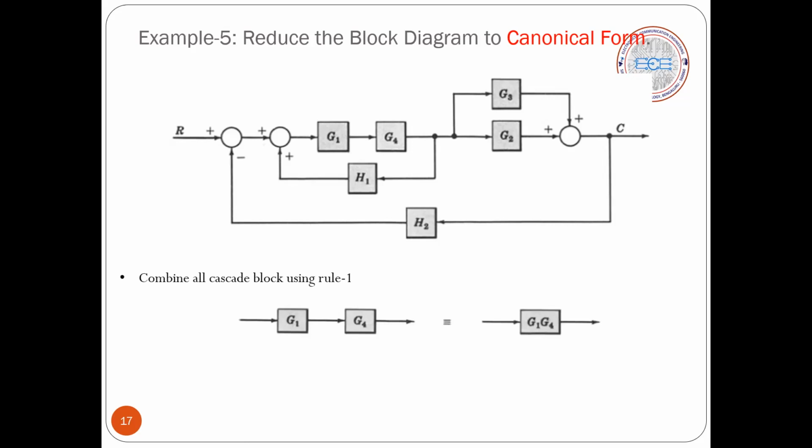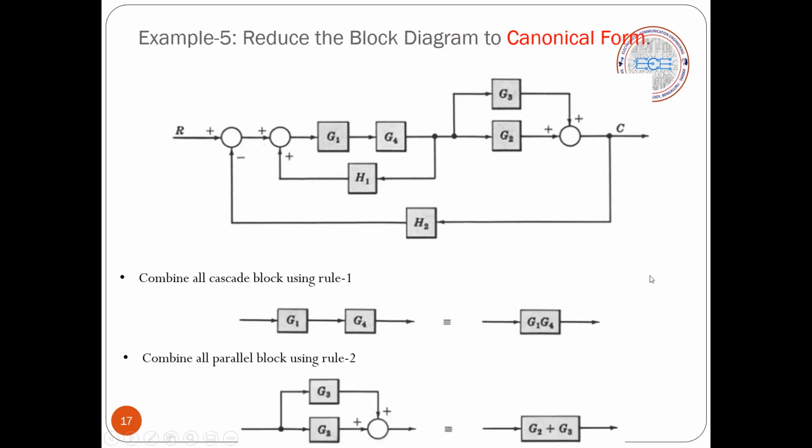First one is the cascade rule, which we have learned. That is, try to identify where the blocks are in series connection, and simplify them. I have done that here. G1 and G4, the two blocks, are in cascade. So rule number 1, the cascade rule, we can apply and simplify. That is the first technique.